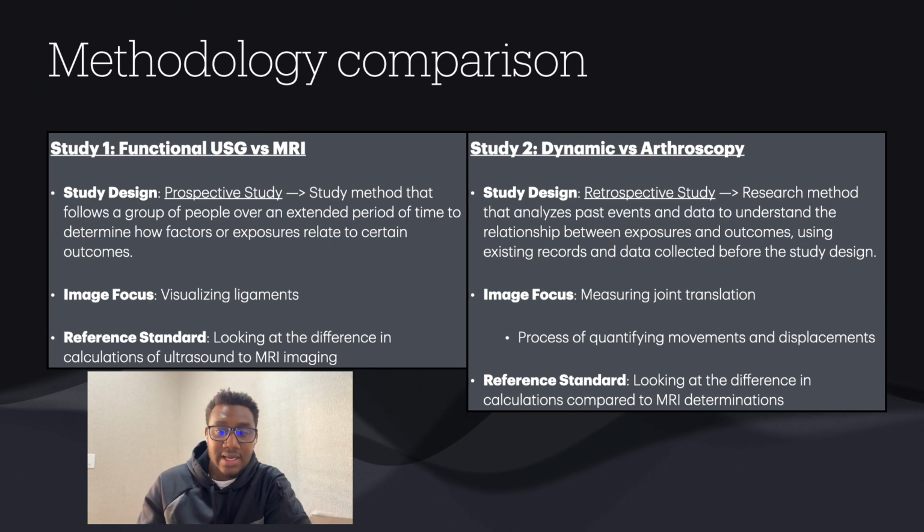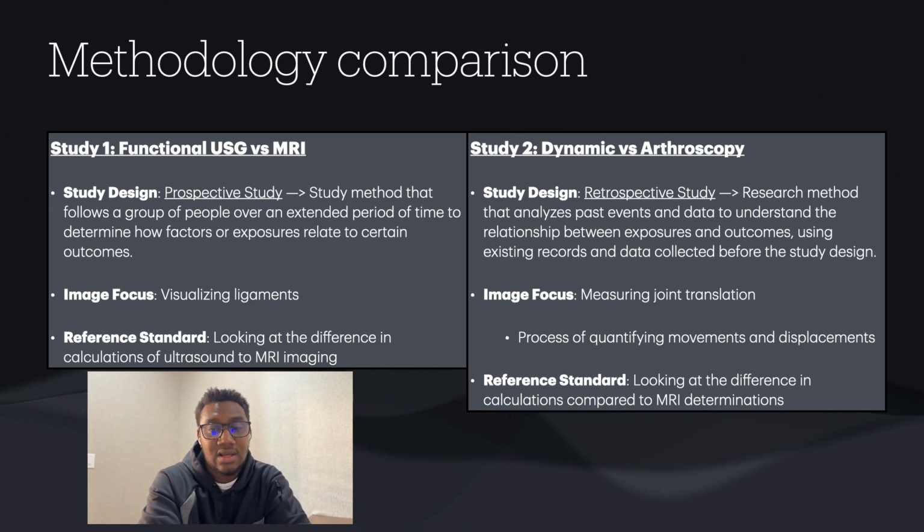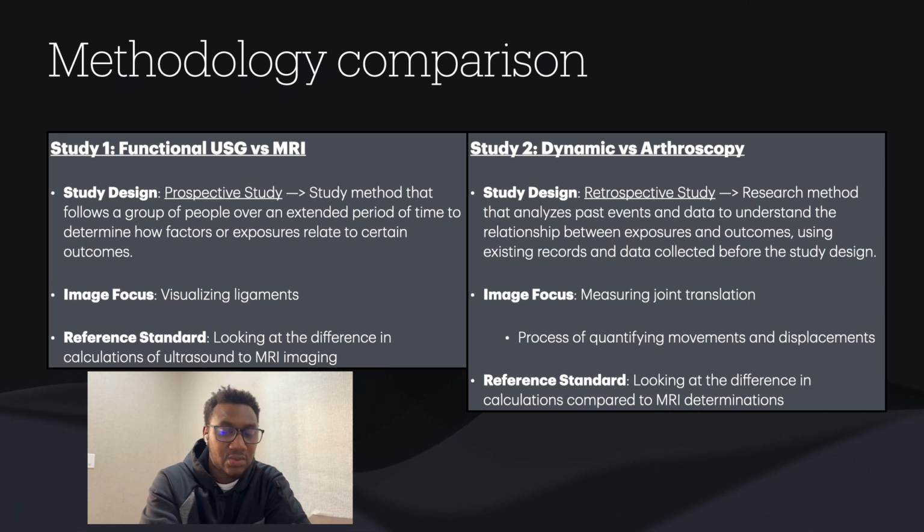So again, both studies used ultrasound to diagnose ACL injuries, but their approaches were slightly different. Study one was prospective and focused on quantifying knee movement and motions while using MRI as the reference. Study two was the retrospective study that took visual assessments of the ligaments and their integrity overall, using the ultrasound and then comparing those findings to what they actually saw.